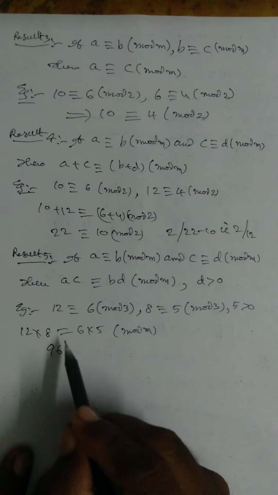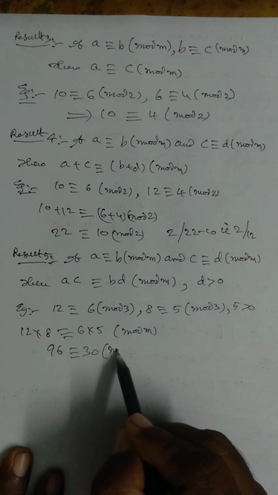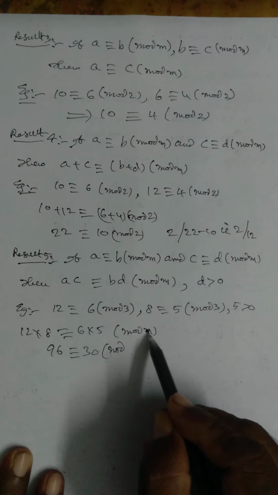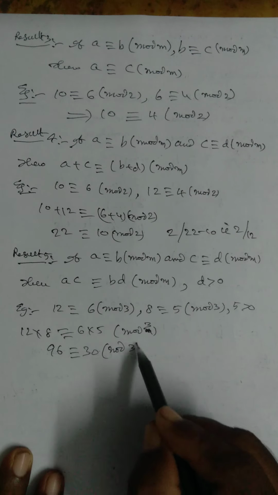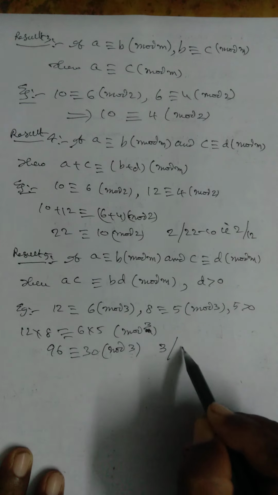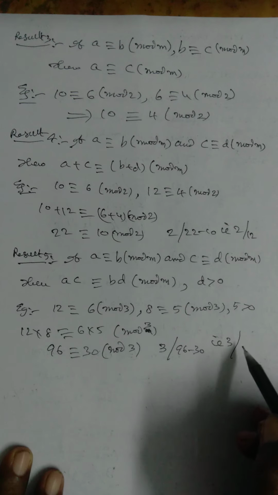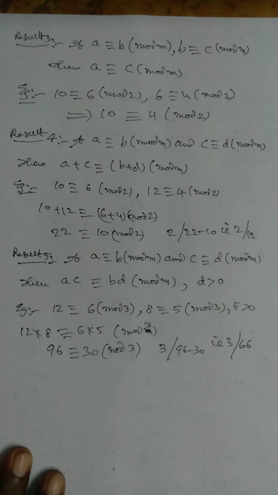So 96 is congruent to 30 mod 3. 3 divides 96 minus 30, that is 3 divides 66.